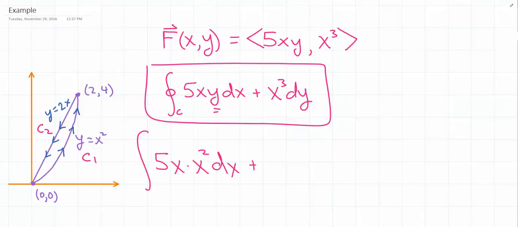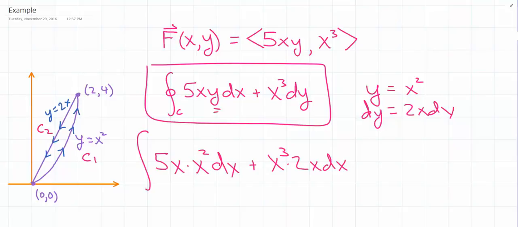Now, we have x cubed, and I need to put in something in place of dy. Remember, on this particular curve y equals x squared, so dy equals 2x dx. In place of dy, I'll put 2x dx. This is for C1, and I'm going from 0 to 2.